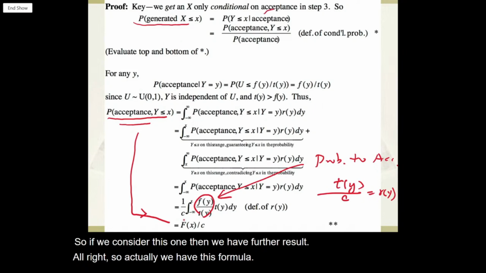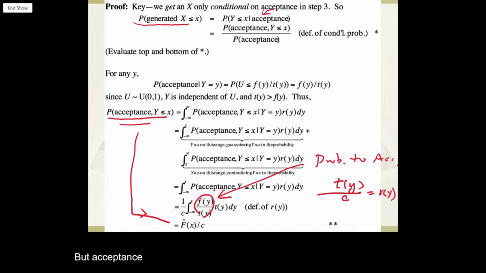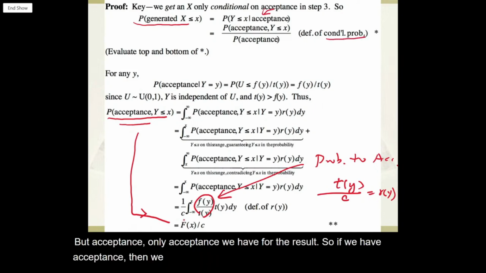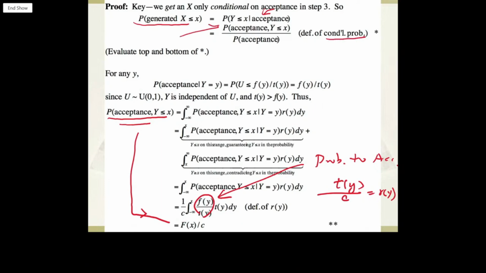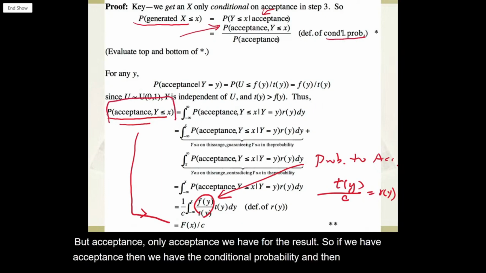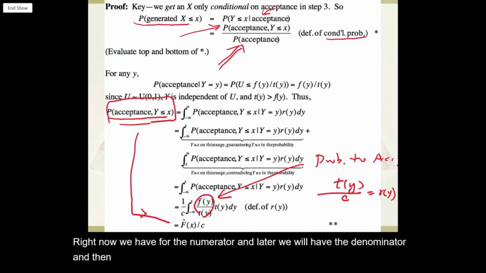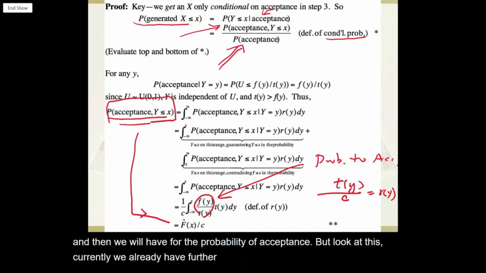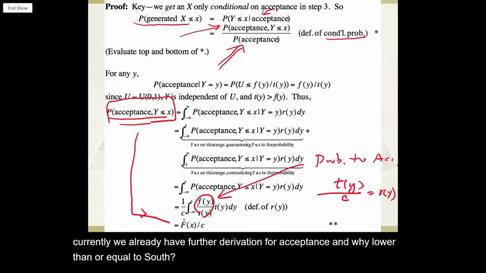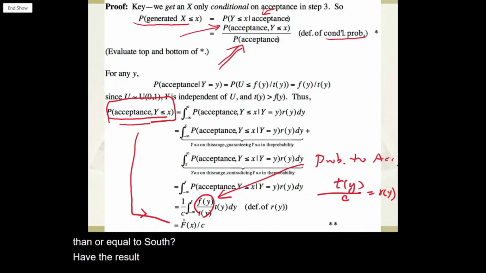But only acceptance will have the result, so we have the conditional probability. Right now we have the numerator, and later we will have the denominator, the probability of acceptance. Currently, we already have the derivation for acceptance and Y lower than or equal to s. Finally, we have the result, CDF of s over C.